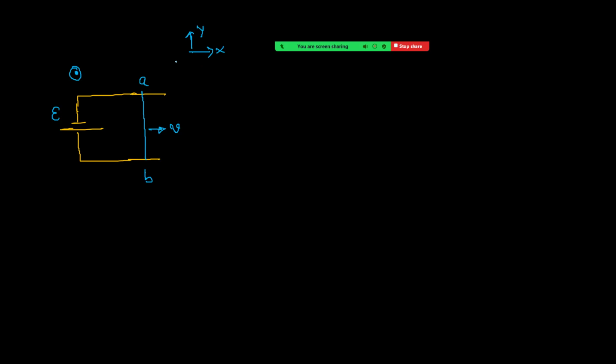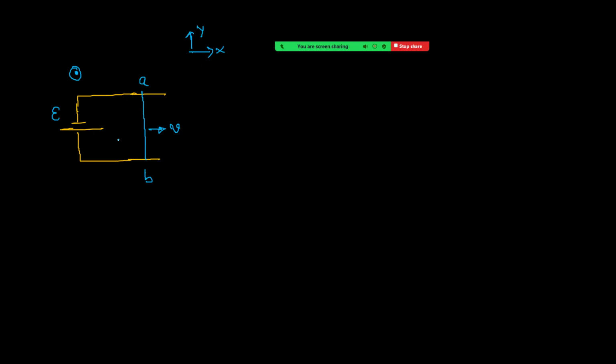Now first focus: find the current in it at this instant and the direction of current. So we can see here, because of this velocity, the area of this loop increases, right? Because of increasing flux, current will be induced.